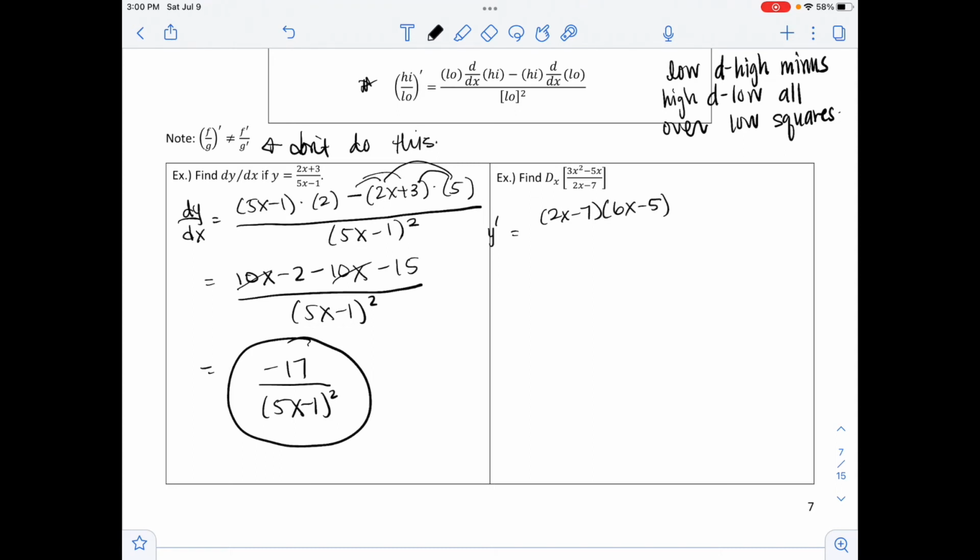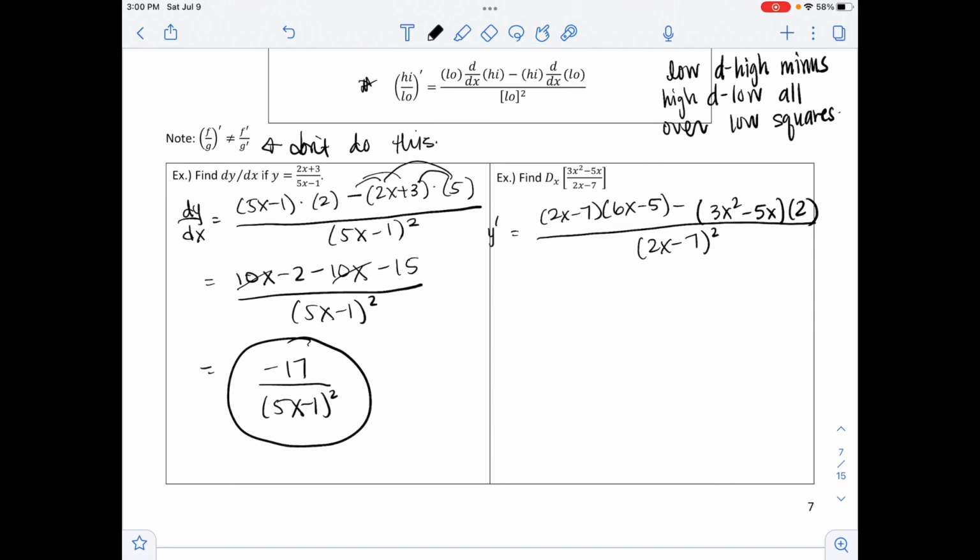So using those power rules, minus the top, which is 3x squared minus 5x, times the derivative of the bottom, which is 2, all over 2x minus 7 squared.